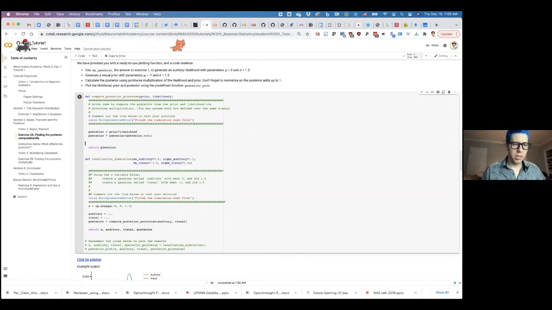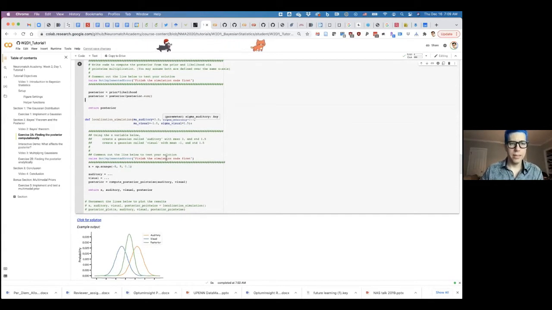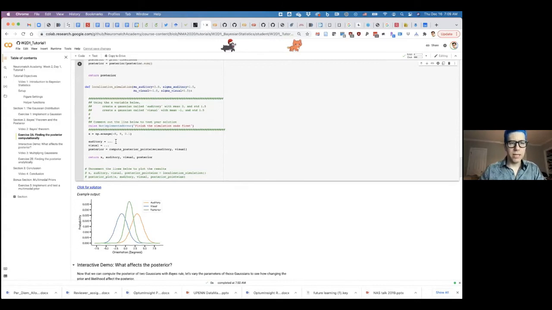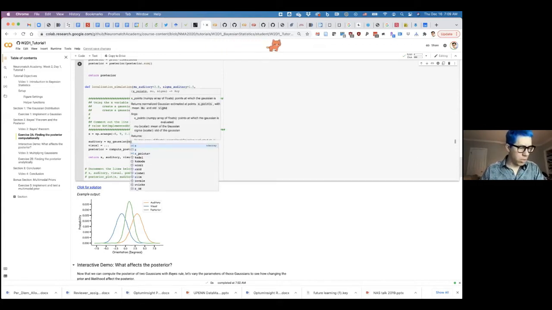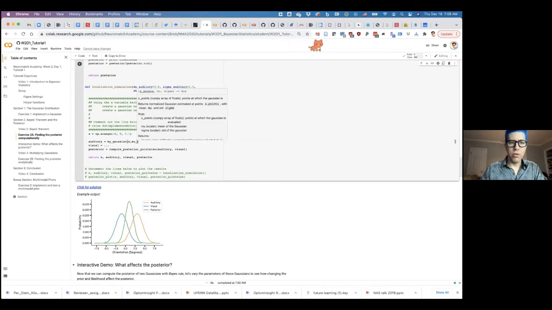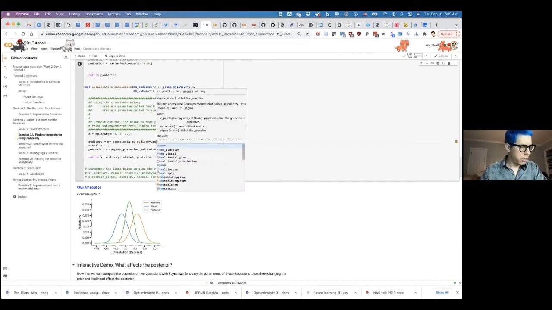Good. That should calculate that. Now we still need to calculate the likelihood here. Let me first remove that not implemented error, because we will be doing that now. This is my Gaussian. Good that we implemented my Gaussian earlier. At the points x, comma, we need a mu auditory, comma, sigma auditory.